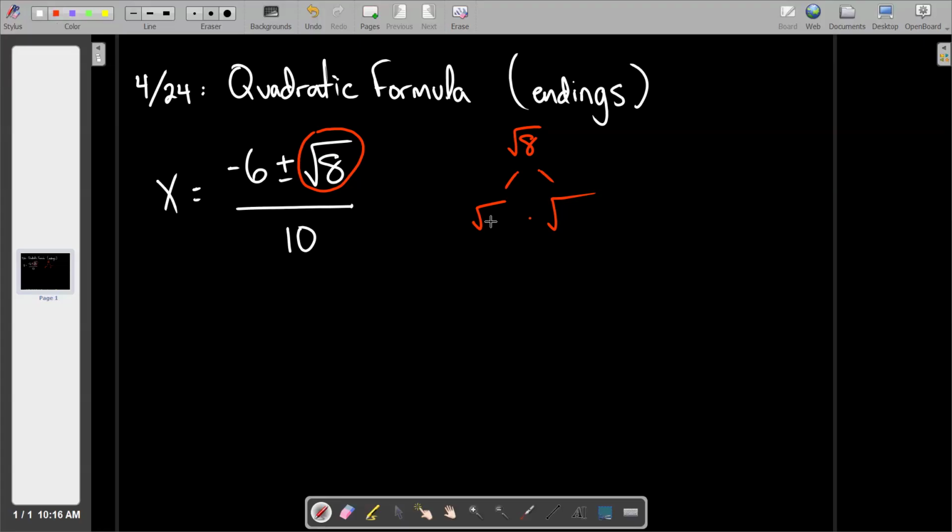We're going to use 4 and 2. I've kind of got the reverse color scheme going on here today, but I want that 4 to stand out because what's the square root of 4? It is 2. So what we're going to do is we're going to take that red circled thing and we're going to swap it out. And our new answer is going to say -6 plus or minus 2 square roots of 2 divided by 10.